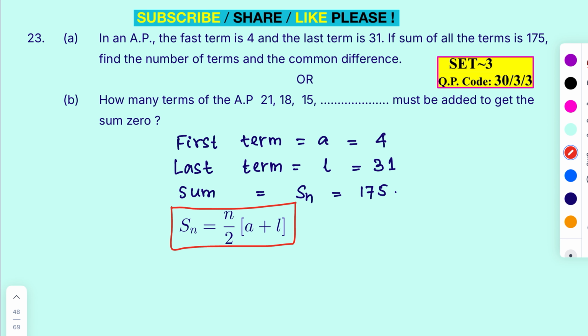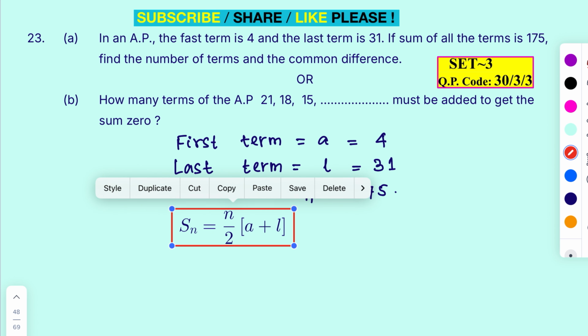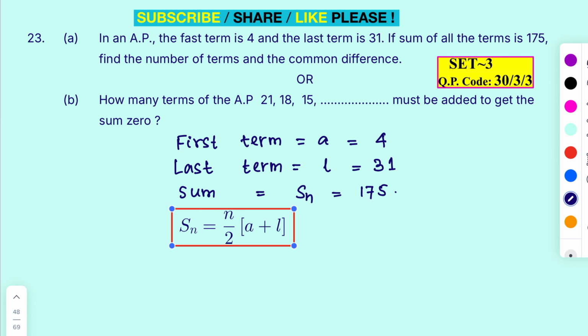If a series is given and its first term and last terms are known and number of terms is known, then we can find Sn, and this Sn is equal to n by 2 into a plus l. N we have to find out, the number of terms.